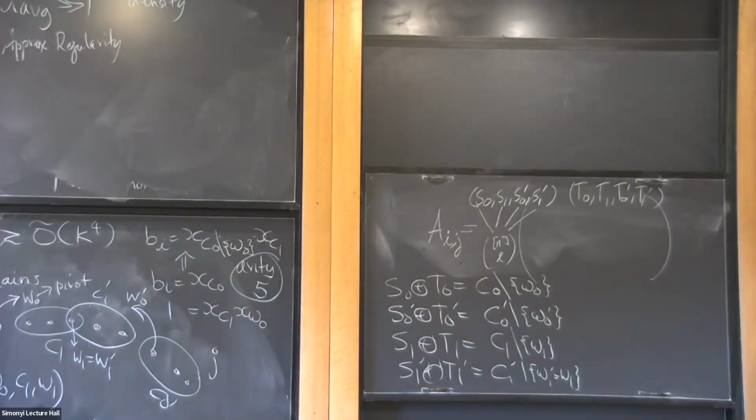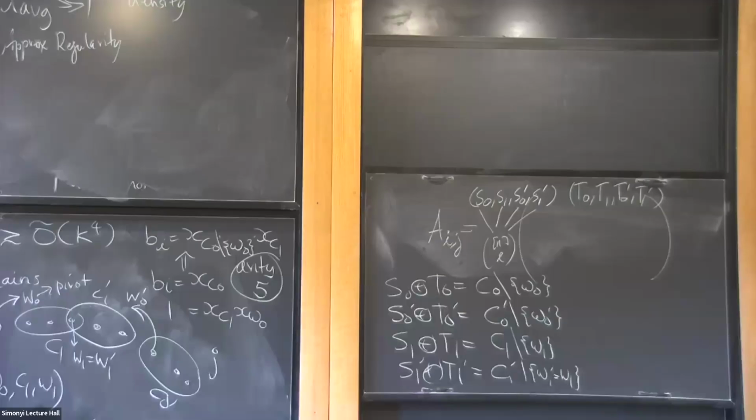How do you know what W0, W0 prime, W1 are? Was that a question? How do you know W0, W1, or are you doing it for all? I'm doing it for all. So I'm describing what an edge looks like corresponding to one of the mergers of pairs of 2 chains.